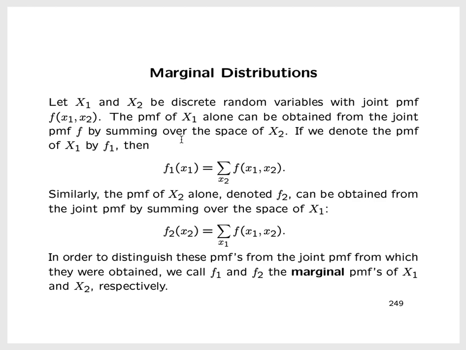So to obtain the marginal PMF of x1, we sum the joint PMF over all values of x2 in the space of x2. Likewise, to derive the marginal PMF of x2, we sum the joint PMF over all values of x1 in the sample space of x1.